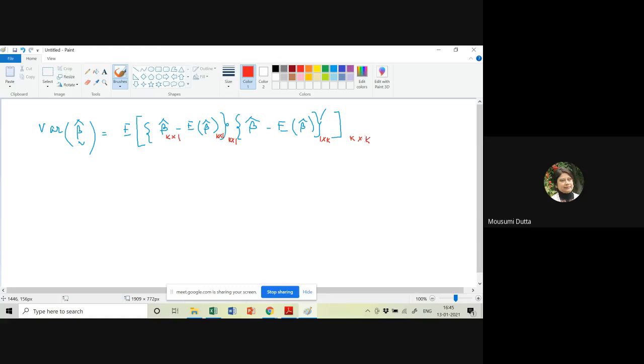So we started with a vector beta hat, however we reached a matrix of order k by k.